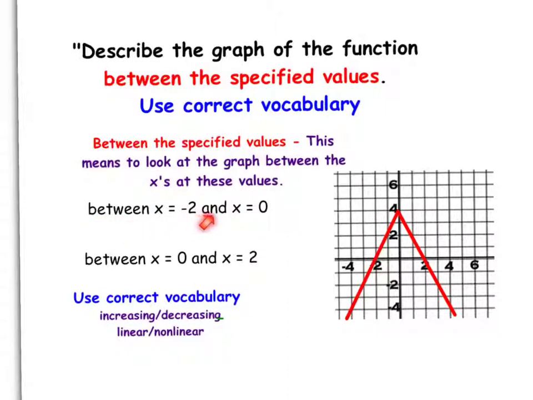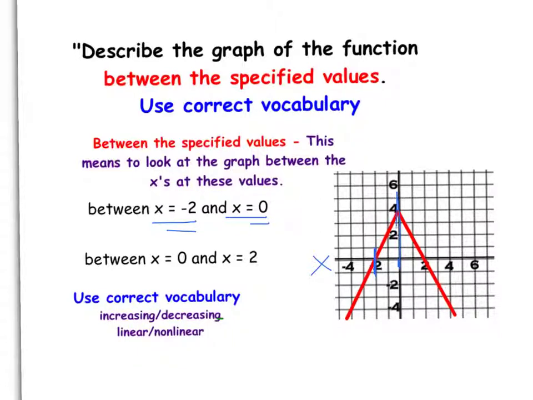So first look between -2 and 0. So between -2, so on the x-axis, so let's mark our x-axis. It says between when x is -2, that's right here, and x is 0, that's right here.